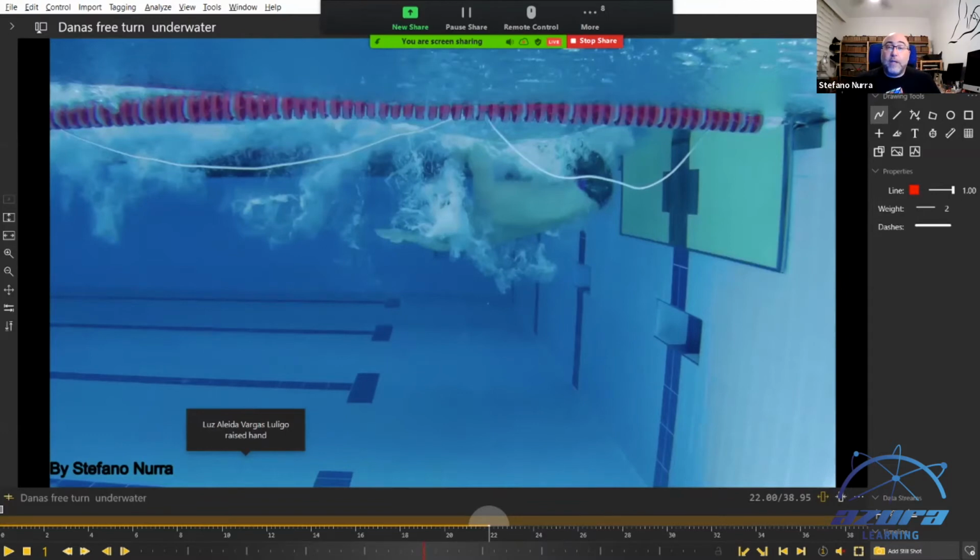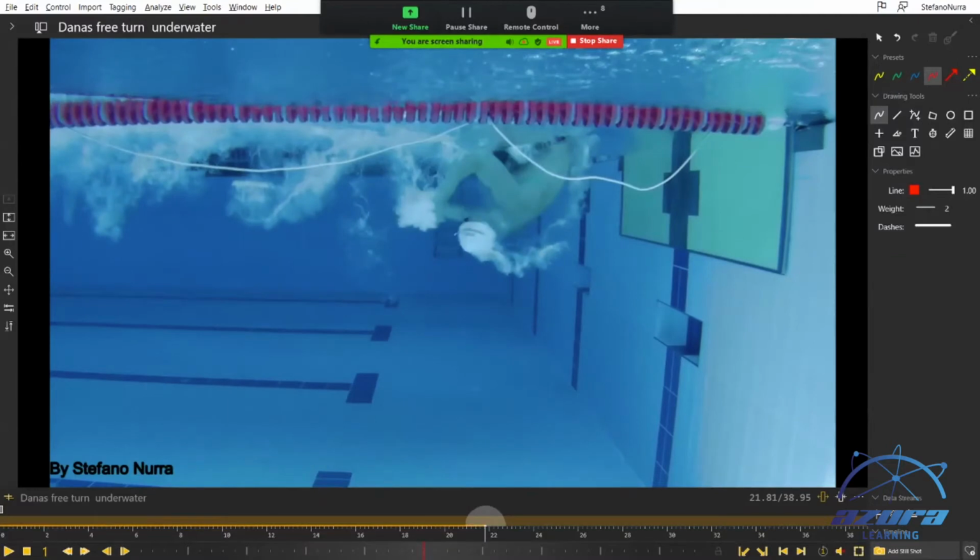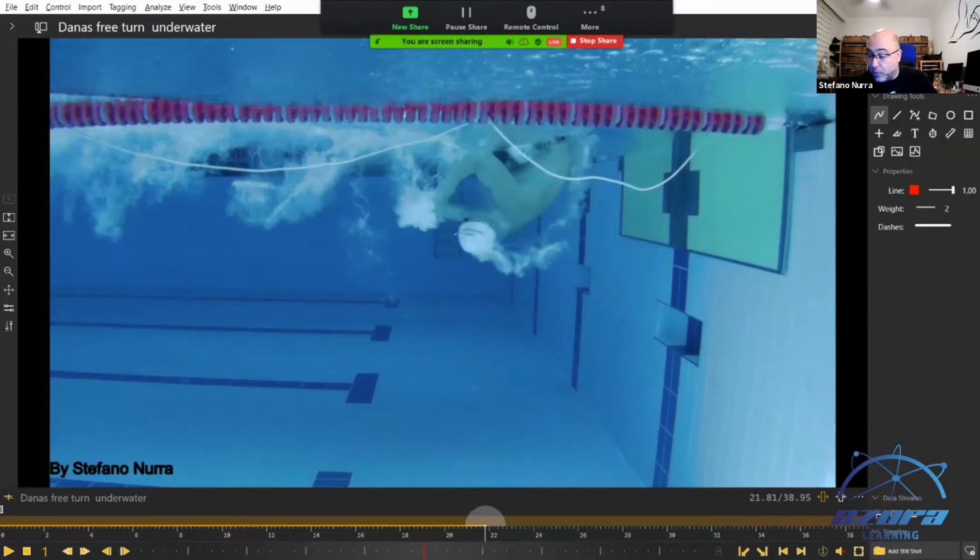So usually, the arms are opening without any control, because they are seeking the balance of the body. So the arms automatically are trying to stabilize the body. I'm not sure if this is the real problem, because I repeat, without a video it's impossible to be sure, but usually it is this.